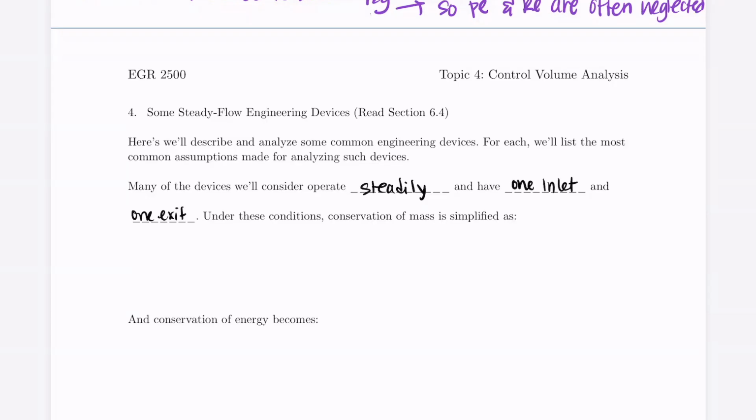Under those conditions, conservation of mass is fairly simple now. Our original equation is that the time rate of change of mass in our control volume is equal to the sum of m dot at the inlet minus the sum of m dot at the exits. Since we are considering a steady flow, this goes to 0.